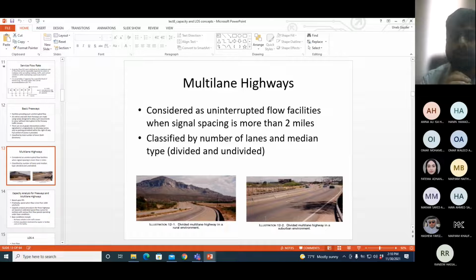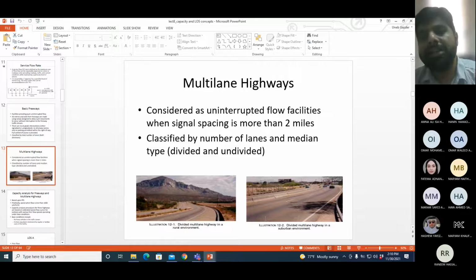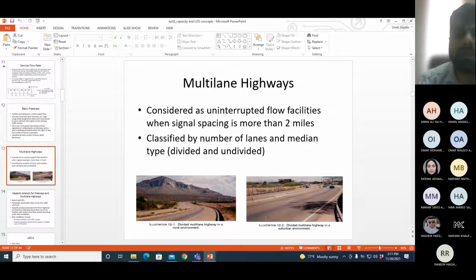Then we come to multi-lane highways. Multi-lane highways have interruptions, but the spacing between the interruptions is at least 2 miles or more. Whatever type of interruption, maybe between an intersection and on-street parking, maybe between an intersection and another intersection, maybe an intersection and a driveway or garage, any type of interruption, the spacing between them is more than 2 miles.